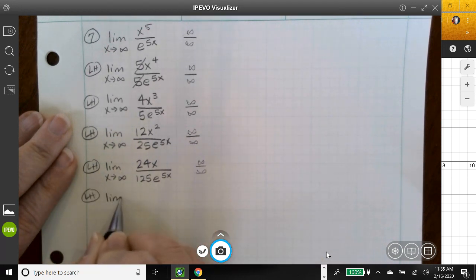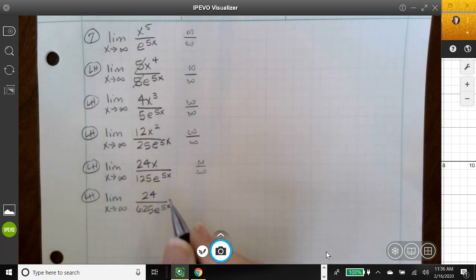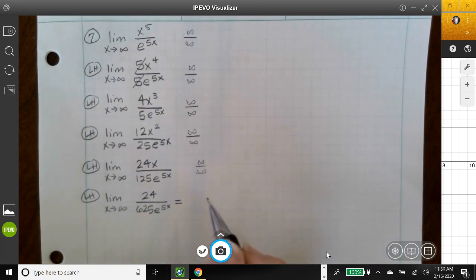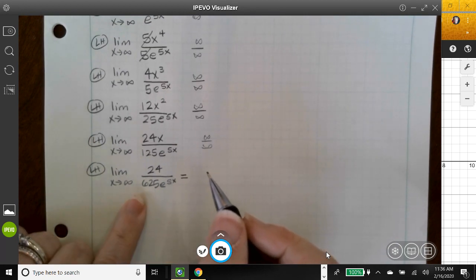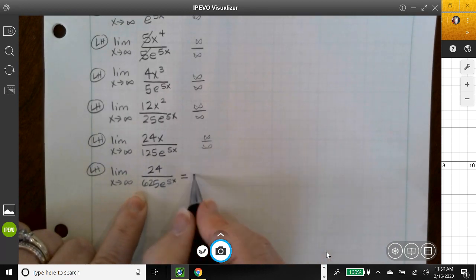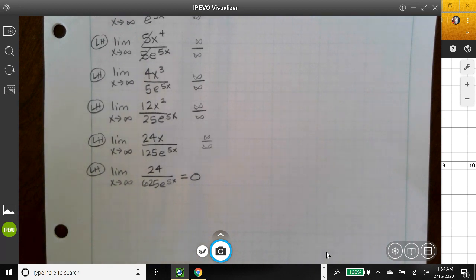The limit as x goes to infinity of, this turns out to be 24 over 625 e to the 5x. And now I can say with complete confidence that this limit right here is going to go to 0. Okay? That limit's going to go to 0. Why?